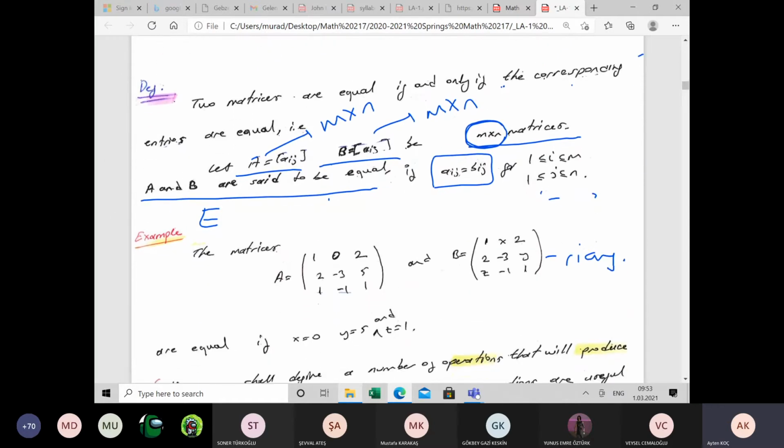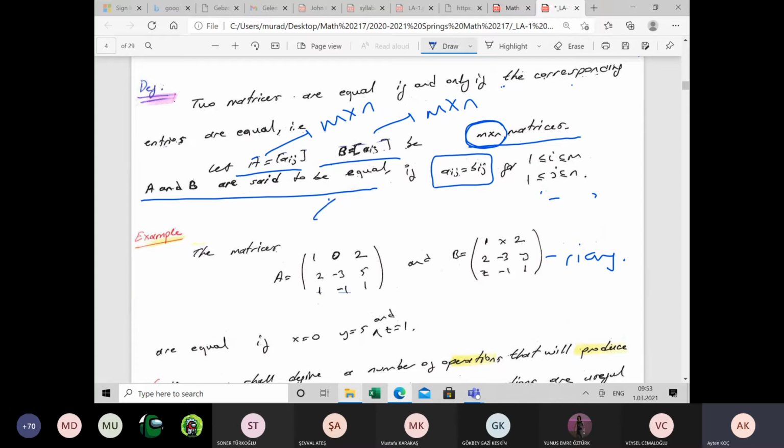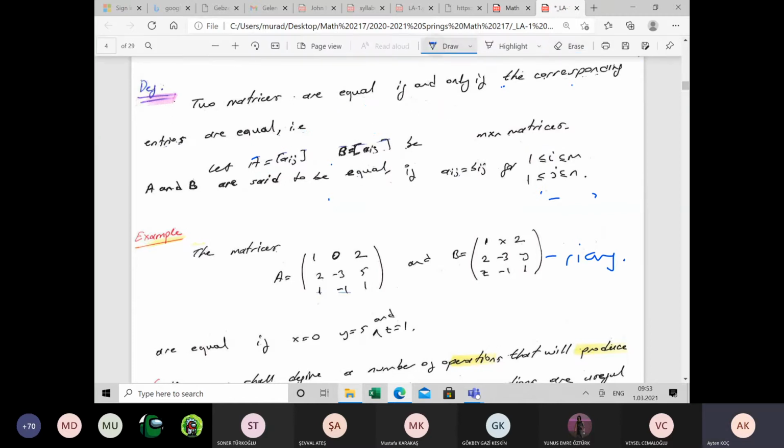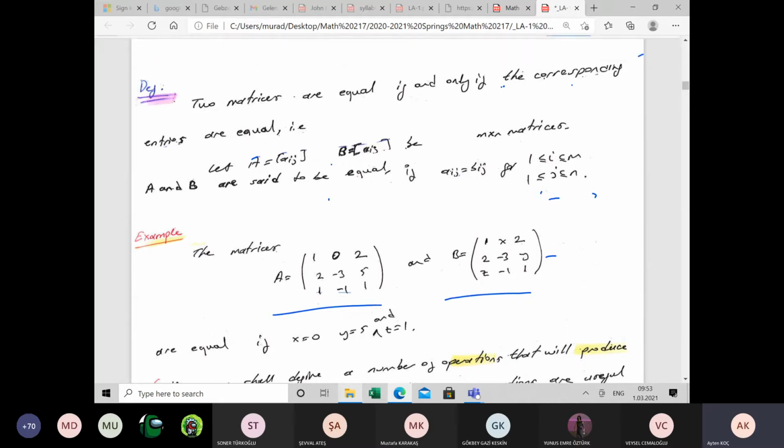So look at the next example. Let's give an example to understand it. Matrix A and matrix B. The question is: A and B are equal, so what are x, y and z?